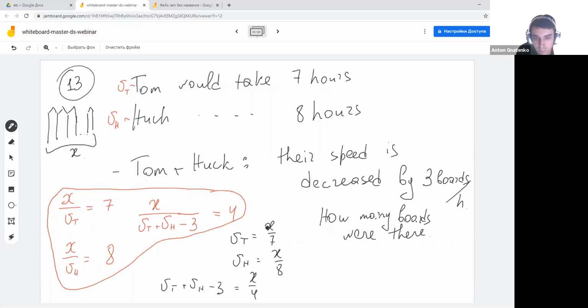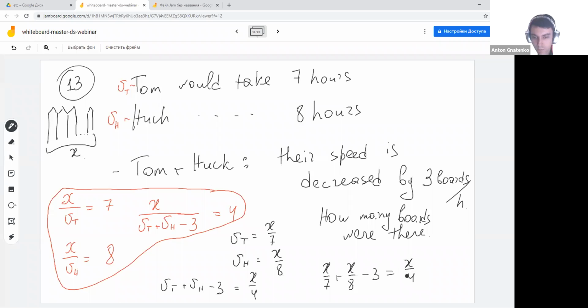Now I will combine these 3. I will substitute X over 7 and X over 8 in place of VT and VH, and obtain X over 7 plus X over 8 minus 3 equals X over 4. This is the equation from which X can be easily computed.